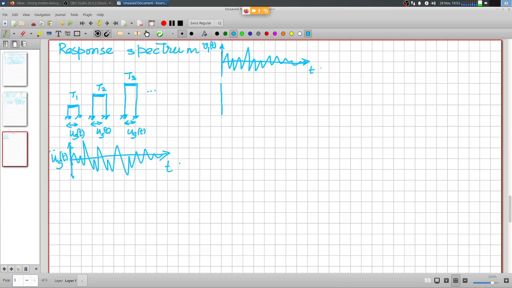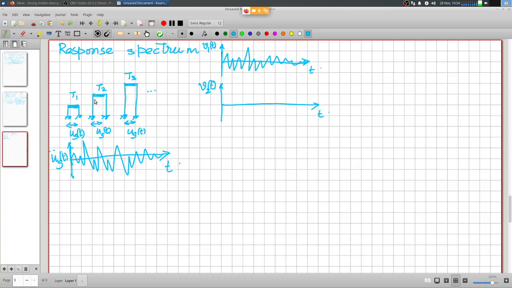And V2, as you can see, this is a very short structure, so its natural period is going to be very small, kind of a stiff structure, I mean a pendulum with shorter length.